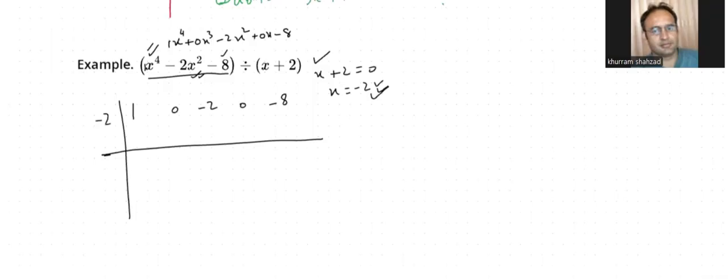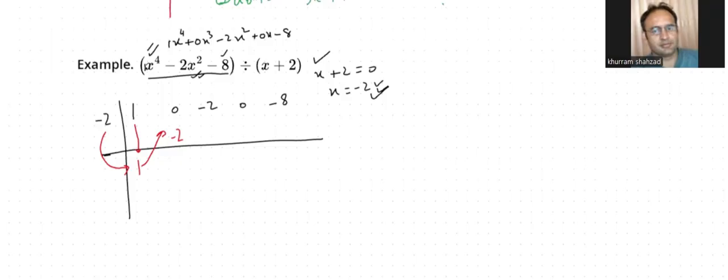So first of all, what will we do? We will write this 1 here as it is. Next, we will multiply this -2 with this 1, and we will write the result here under this 0. So -2 times 1 is -2, and now we will add this 0 and -2.